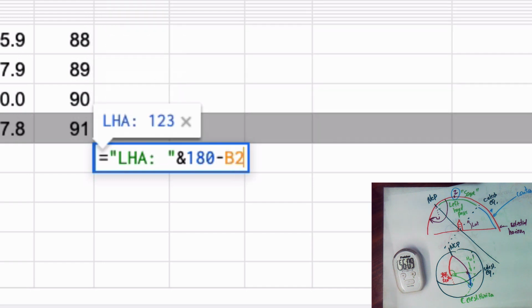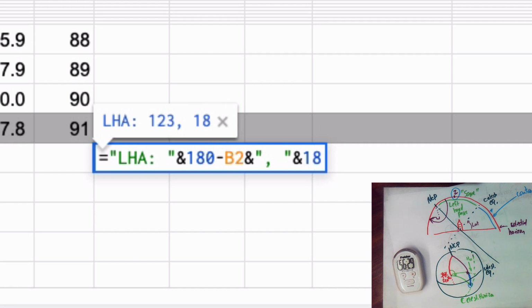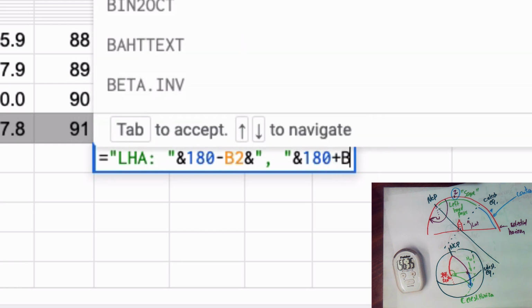I'm not going to type in LHA because LHA was in radians. So I'm going to type in B2 because that was the original LHA. Another ampersand. And we want a comma, space, and then we want to have either 180 minus or 180 plus. Again, we're going to be on the other side, but then there's actually going to be two symmetric triangles. So 180 plus B2.